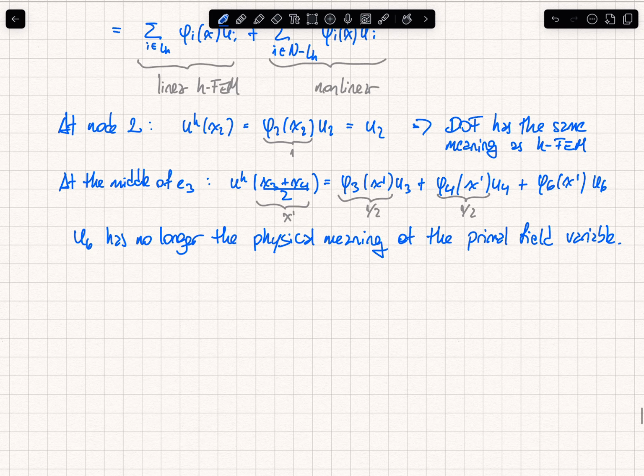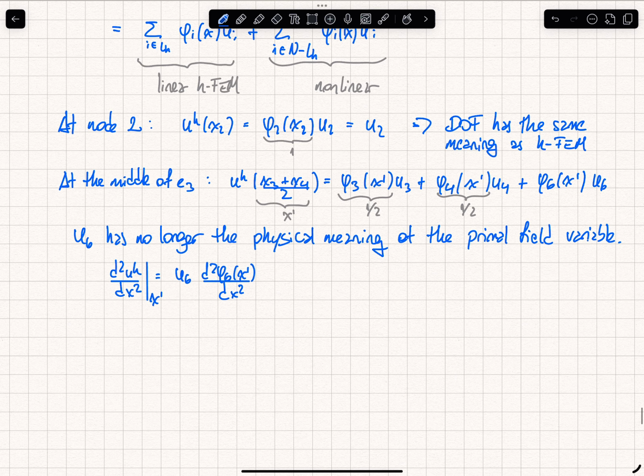Okay? Well, if I take the second derivative of u_h, then I get u6, because of course everything else drops. Second order derivative of phi6 of x with respect to x. Now, of course, keep in mind that I'm evaluating these at x prime.